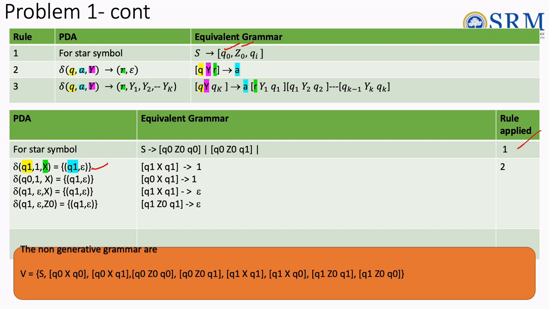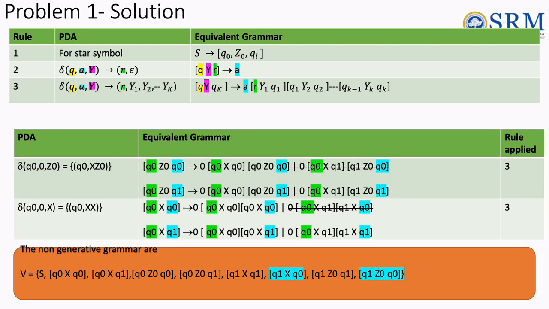Similarly Q1 X Q1 gives epsilon, and Q1 Z0 Q1 gives epsilon. So don't get confused; this is what will be on the right-hand side of my grammar. Writing the equivalent grammar for a pop transition is very easy. So we have created it over here. Here I have written a non-generating symbol; wait, I will tell you what it is.